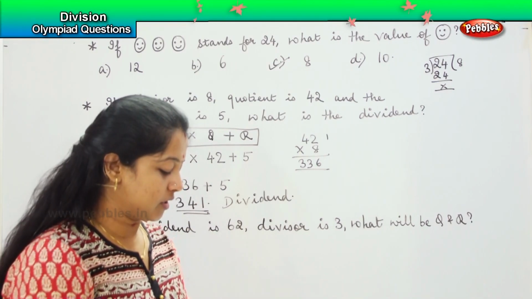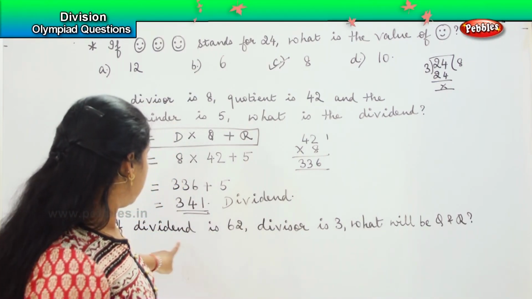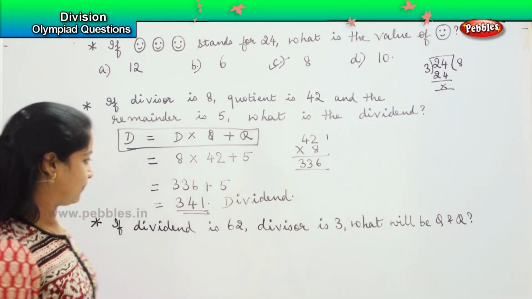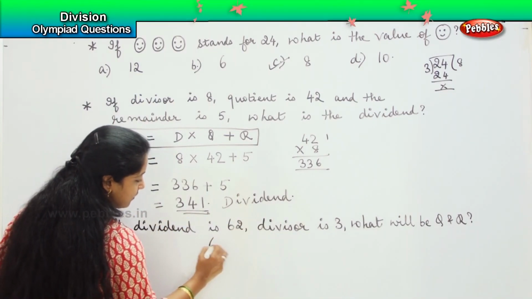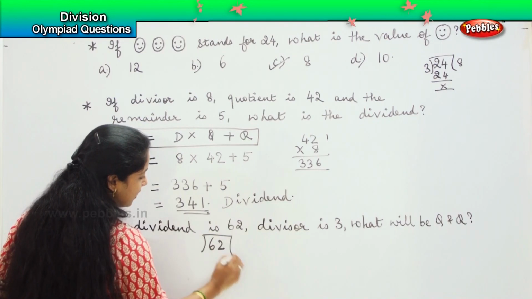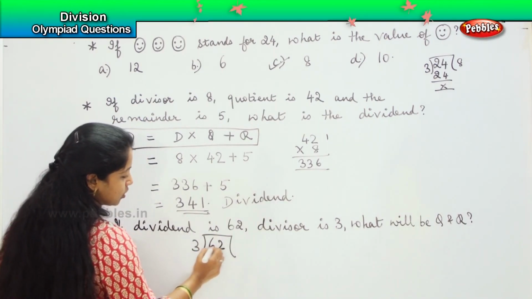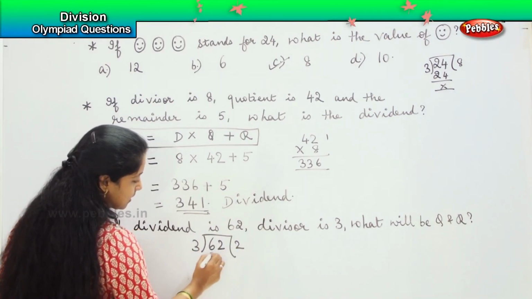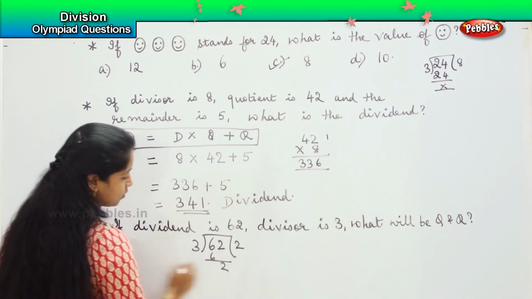In this question, they have given us the dividend and the divisor. So we will do directly the division. 62 divided by 3. So 3 into 2 is 6, 2.